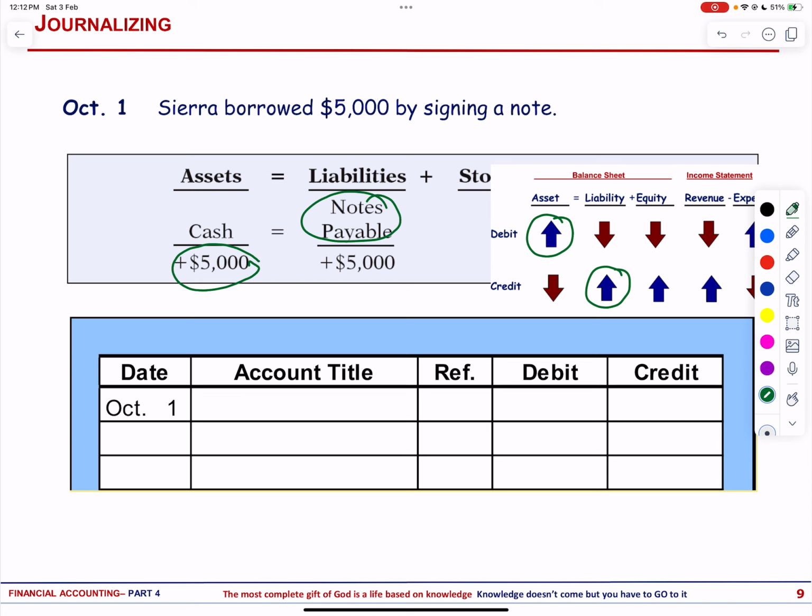So we first record the debit. So cash is debit by 5,000. The amount will be written in the debit column because cash is debit. We leave some space, and then we have notes payable credit by 5,000 because increase in liability is credit.